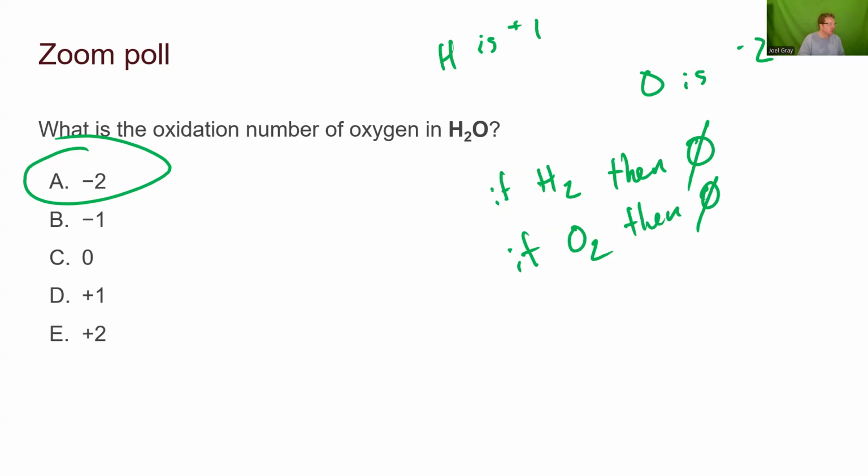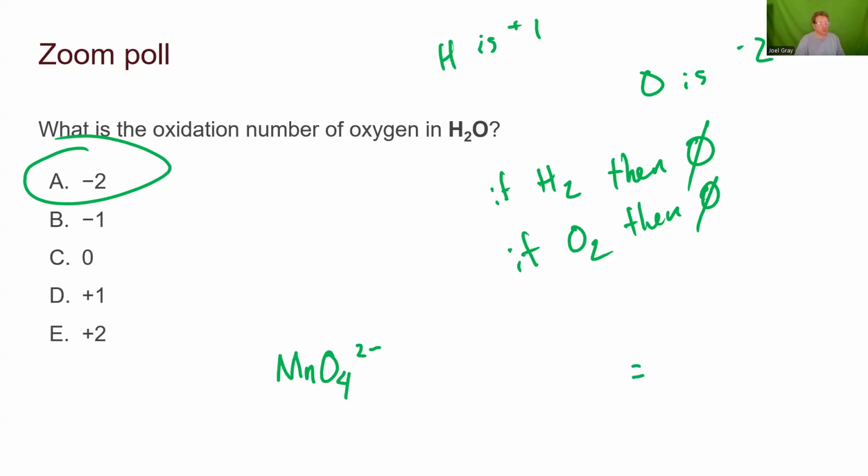Okay, so let's look at MnO4 2 minus. When you see something like this, your first thought should be, all right, my overall charge is -2.